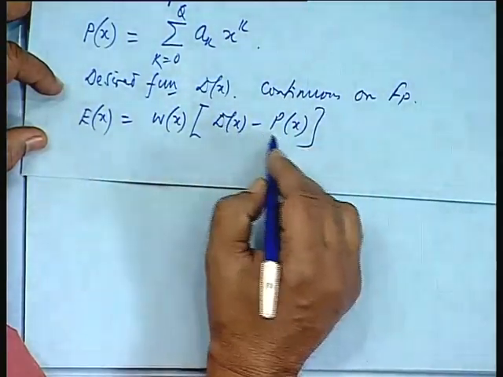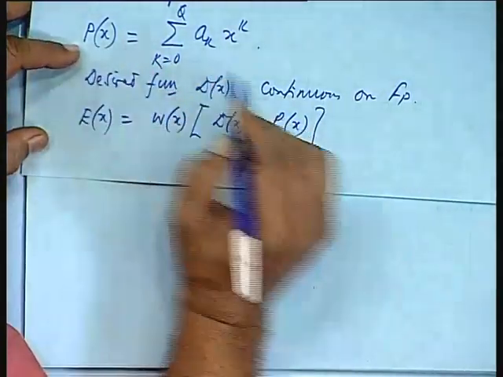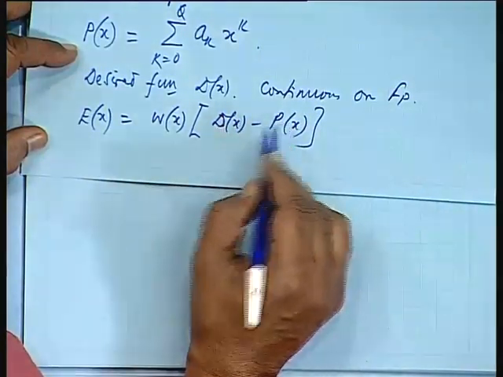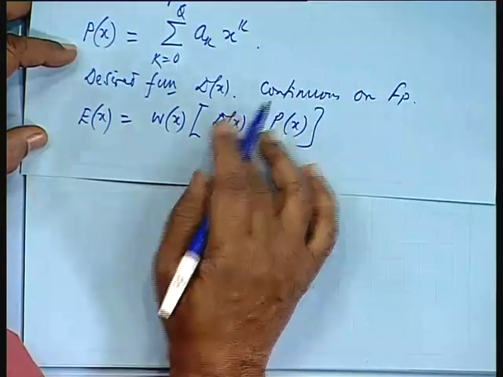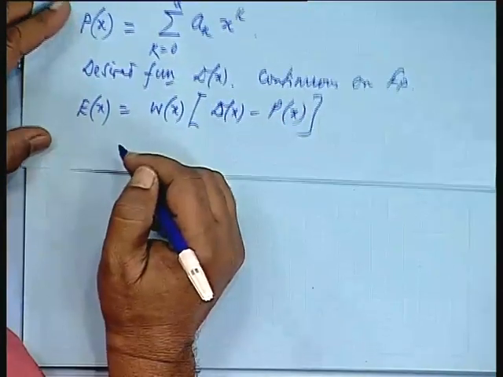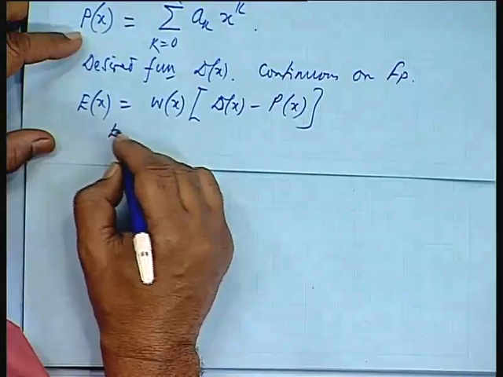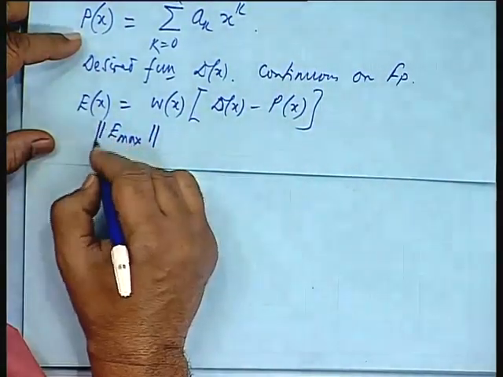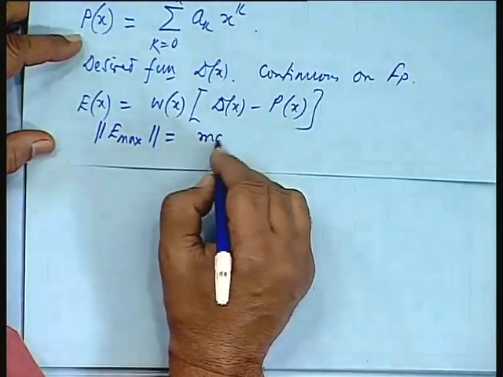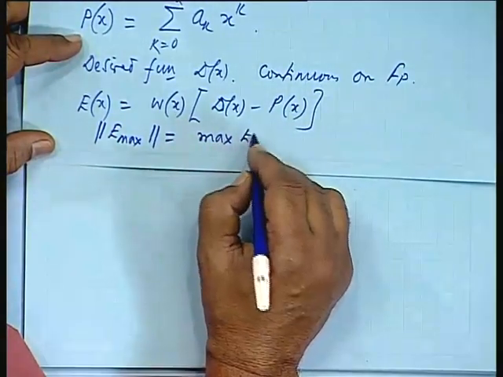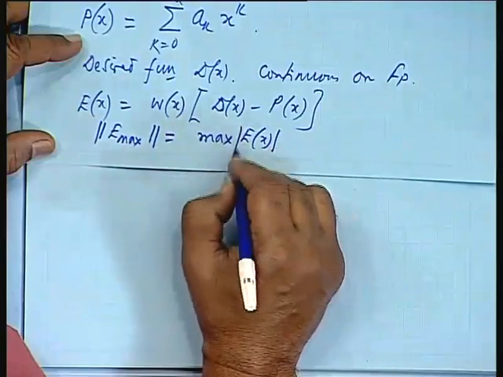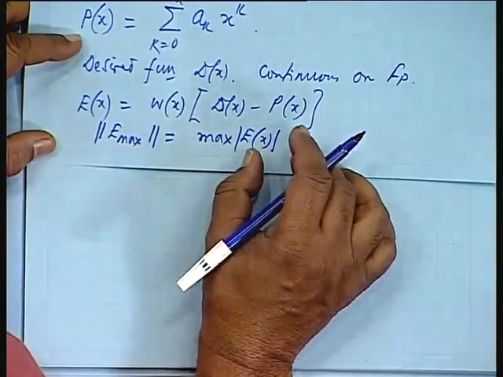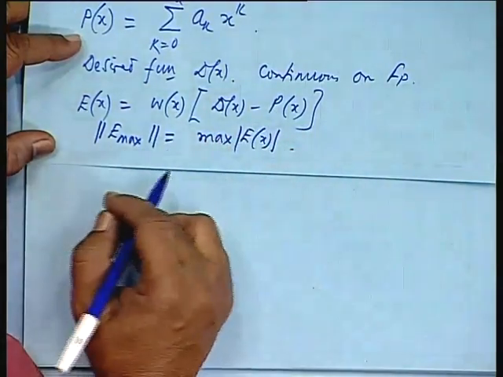There is a polynomial that we have approximated to. The deviation of this function from the desired function multiplied by the weighting function we are defining as E(x), and we define E max as the maximum absolute value of E(x).